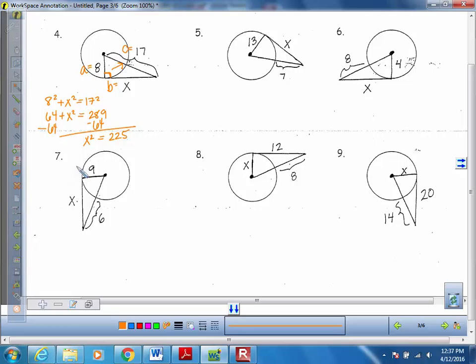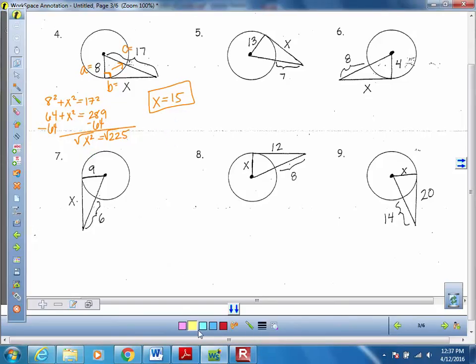Now, to get just x, we have to take what? The square root. So if we take the square root of both, my x equals 15.